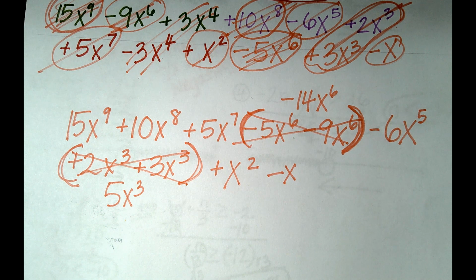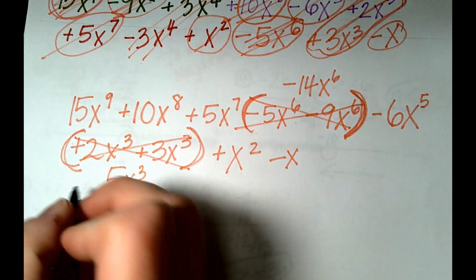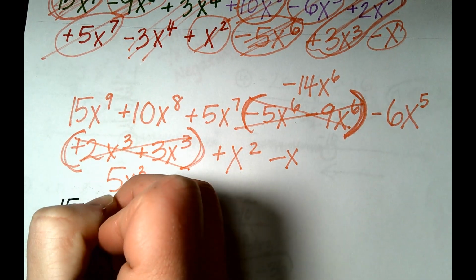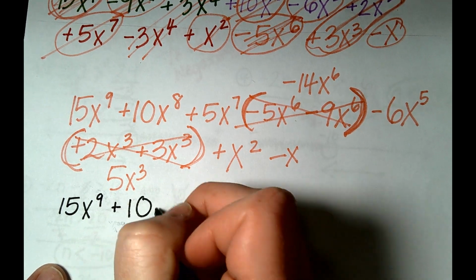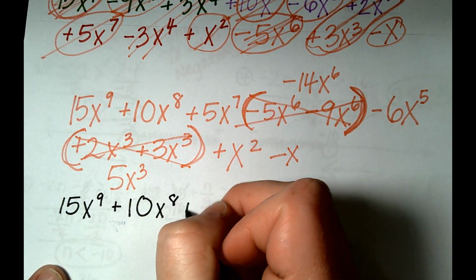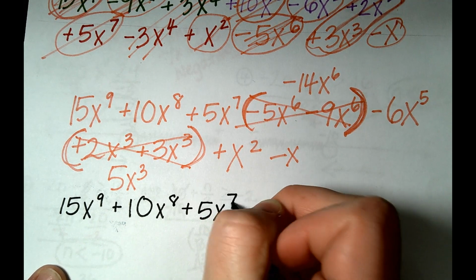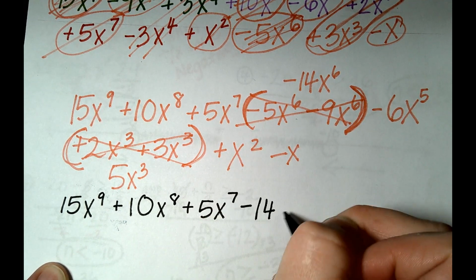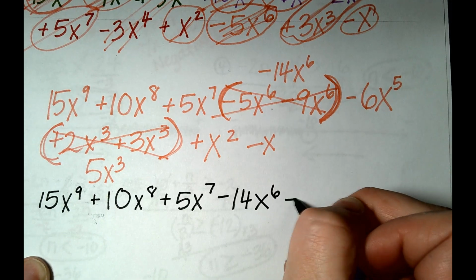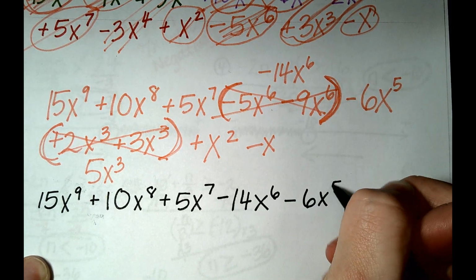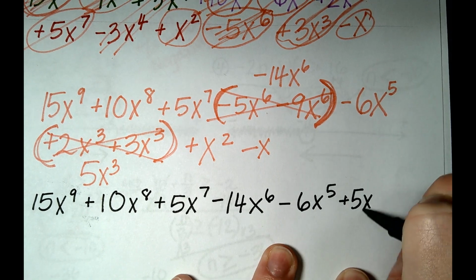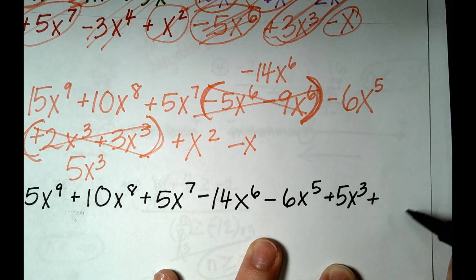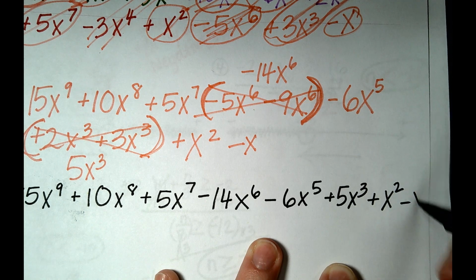I'm going to rewrite it. 15x to the 9th plus 10x to the 8th plus 5x to the 7th minus 14x to the 6th minus 6x to the 5th plus 5x to the 3rd plus x squared minus x.